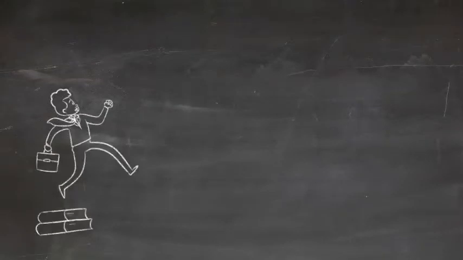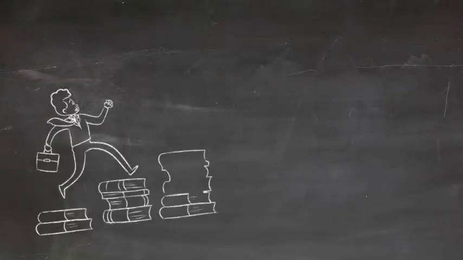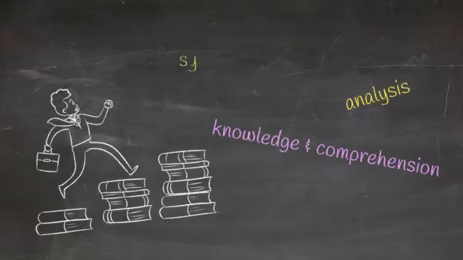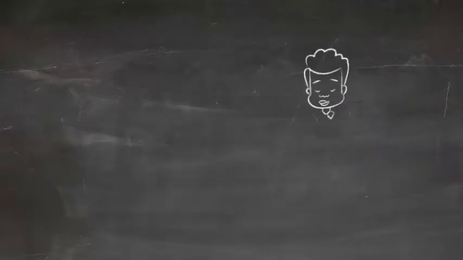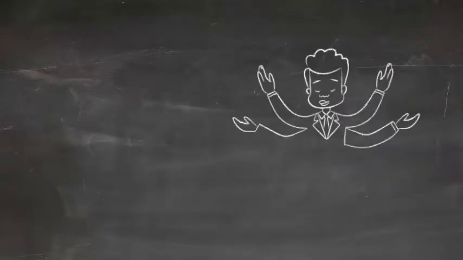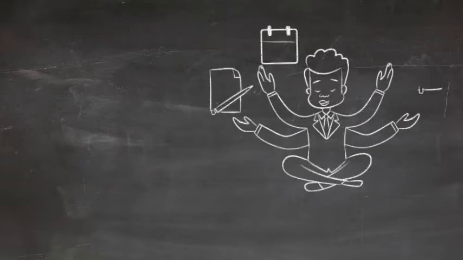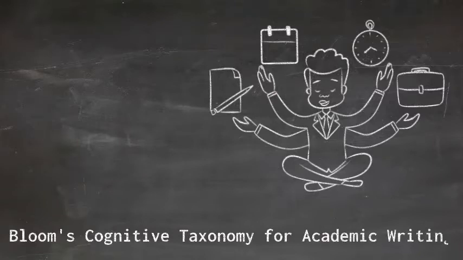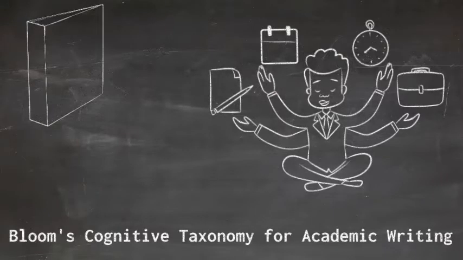Bloom's taxonomy simply lays out the roadmap for mastering an academic subject. Motivated students work their way up the taxonomy in any given academic area. This taxonomy will help you focus your attention and your energies. You might want to turn to page 2 in your course binder materials, where you will find a version of Bloom's cognitive taxonomy that has been adapted for academic writing.